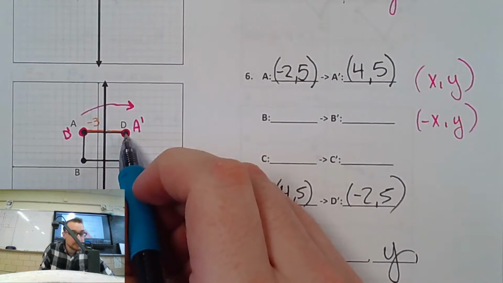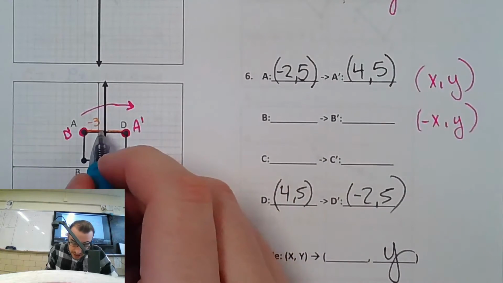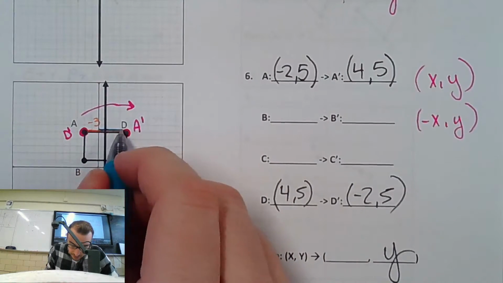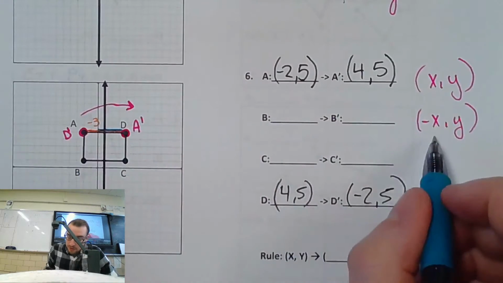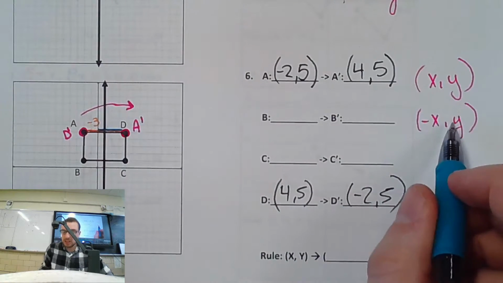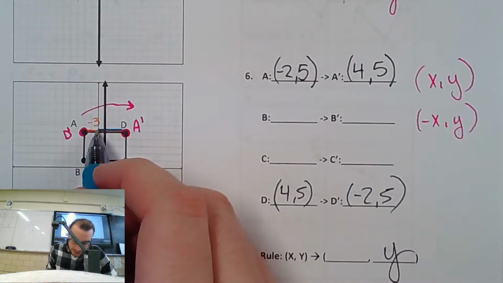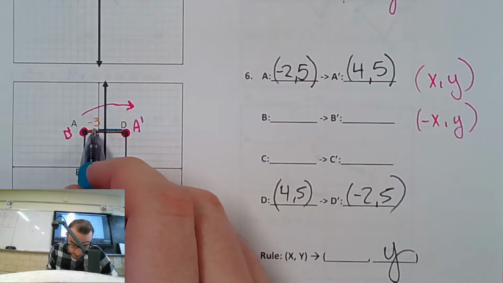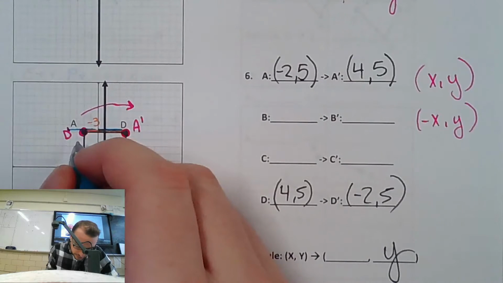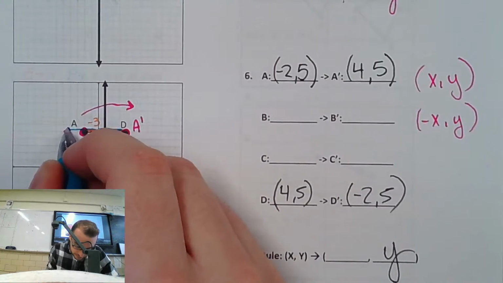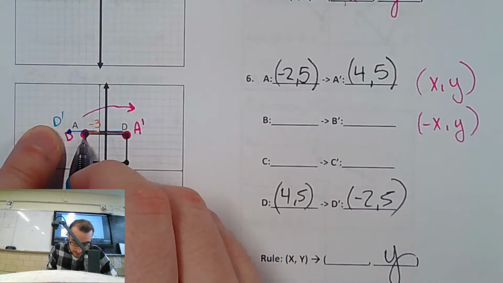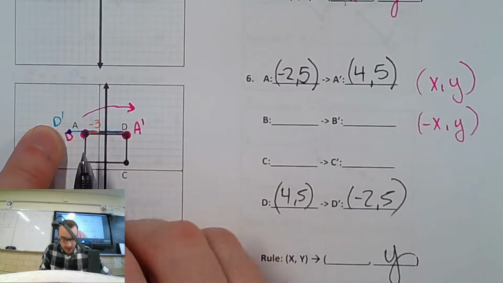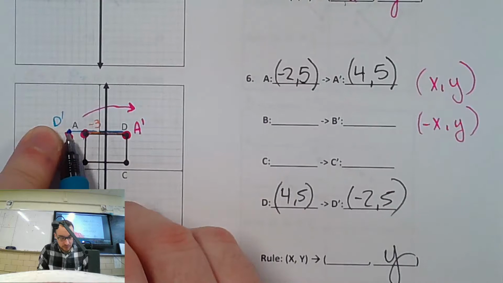Look at D. D is 4 away from the y-axis. So if I were to do this rule, which says flip it over the y-axis, right? It would end up 4 away on this side. 1, 2, 3, 4. So D prime would end up here instead of here. How far is D prime, the blue one, from the pink one?